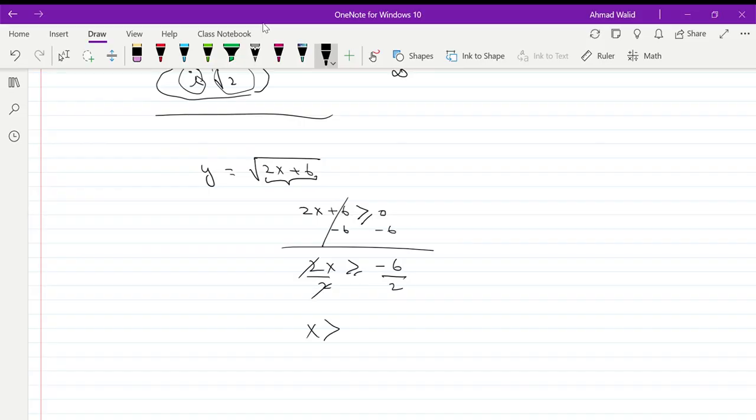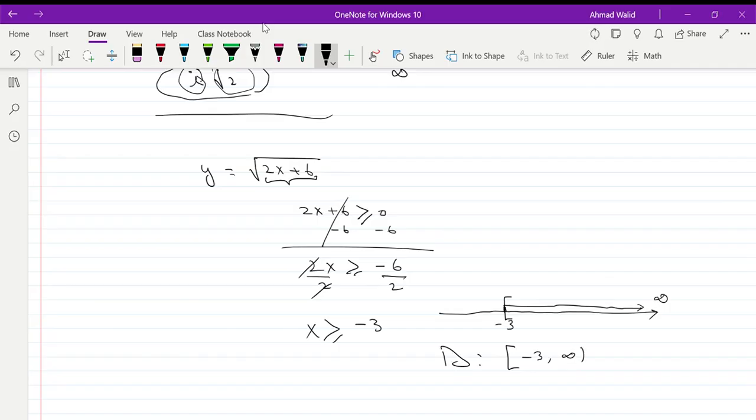X should be greater equal negative 3. If you see your number line, that is negative 3. Greater equal negative 3. For negative 3, you use a bracket because you have a greater equal sign. And which side? You go to where? To infinity. Okay, here you go. Negative 3 comma infinity, your domain.